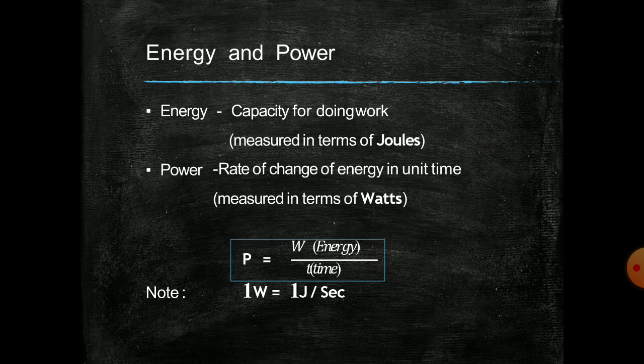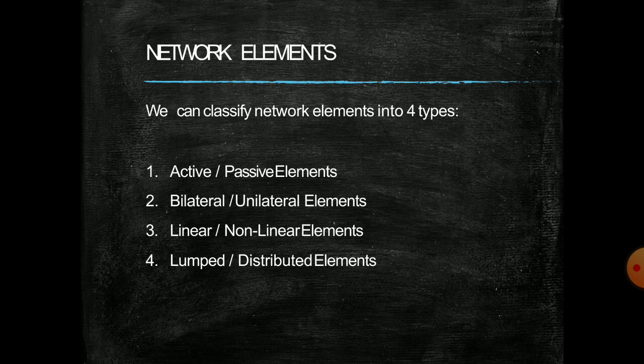Rate of change of energy in unit time is called power, measured in watts. So power is equal to energy divided by time. Note that 1 watt is equal to 1 joule per second. That is how you can define energy and power.